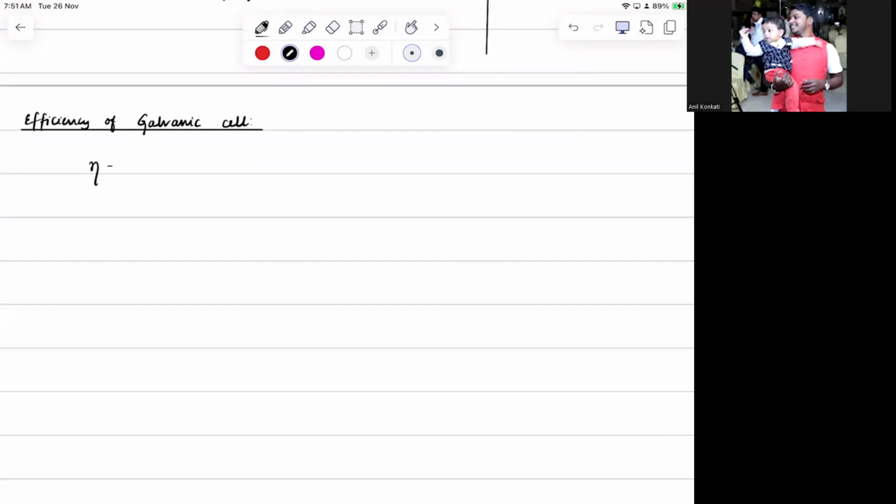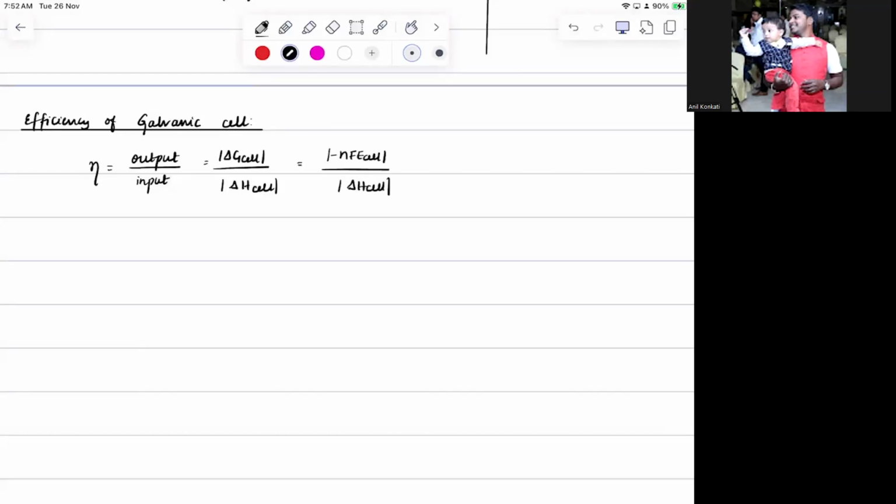It is represented by eta, which is how much is the work output divided by how much energy was input. The work output is the delta G naught of the cell and the input is the delta H of the cell, right? Clear? So this can be written as minus NF E cell mod by delta H of the cell.